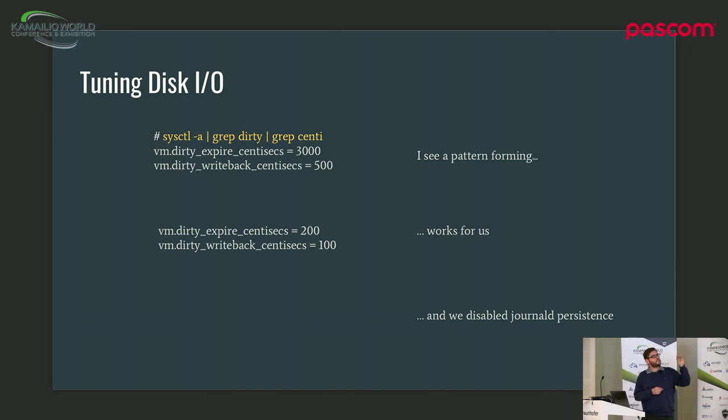So you have VM settings. One of them is dirty_expire_centisecs, which means that if there is something in the virtual memory and it's older than 30 seconds, it gets flushed out to the disk. And the other thing is dirty_writeback_centisecs, 500 by default, which means there's a kernel thread every 5 seconds looking for expired messages, and then it flushes them out.